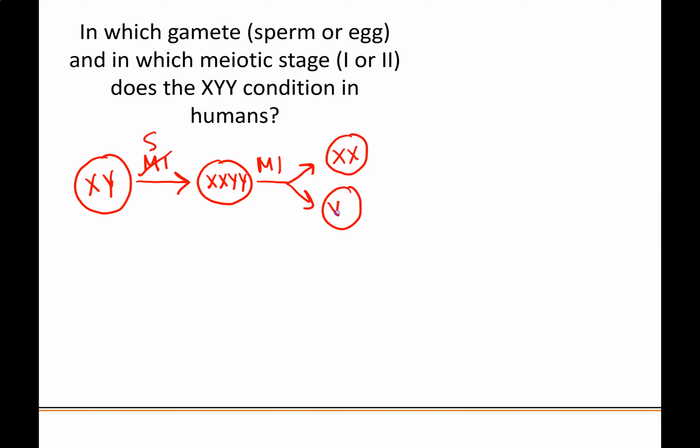So one cell is going to get a set of X's and the other is going to get a set of Y. So now let's follow this one here. We'll go through meiosis 2, where we're going to separate sister chromatids, and we're going to get 2 cells here, both with an X. So this is a normal situation. We're going to get a cell with normal X chromosome complement.